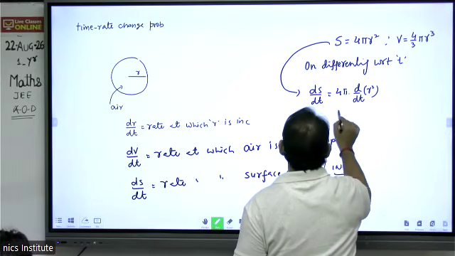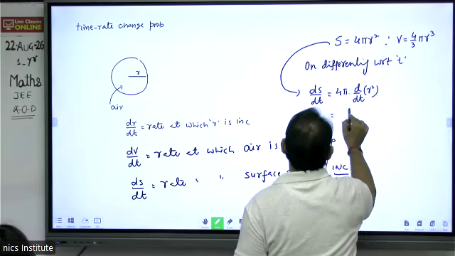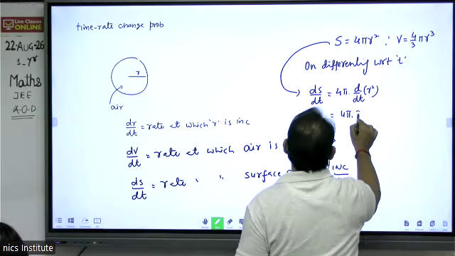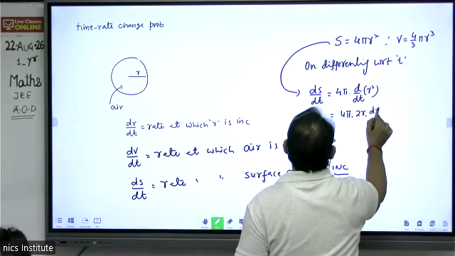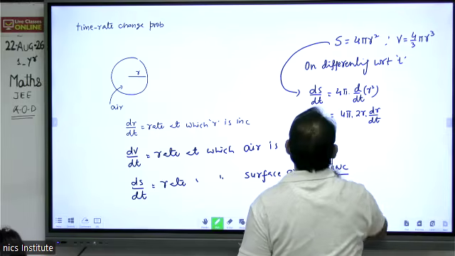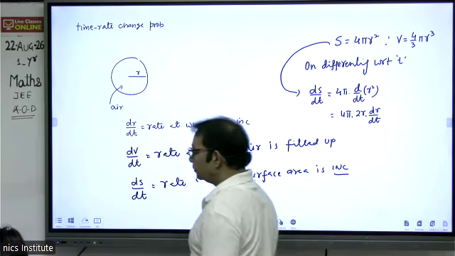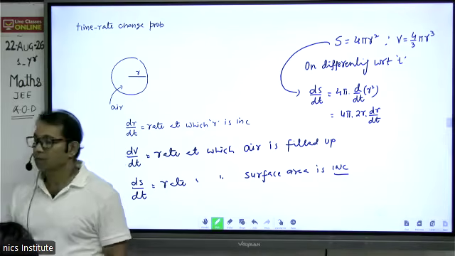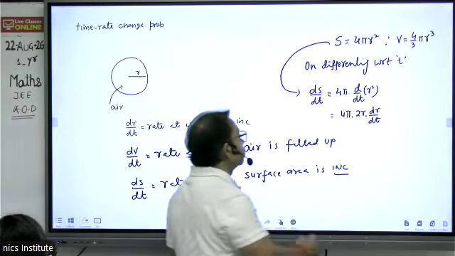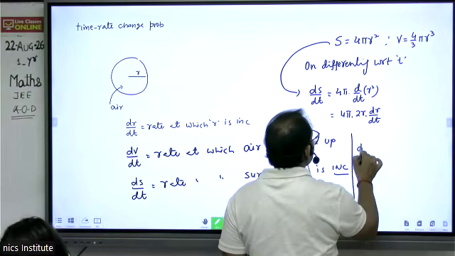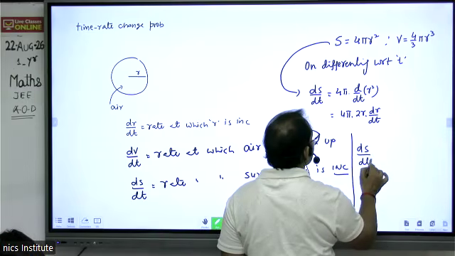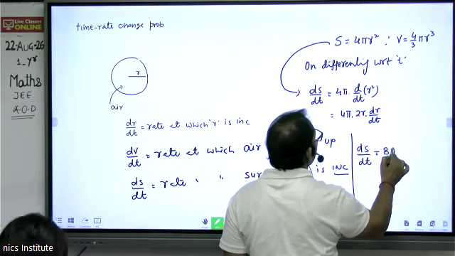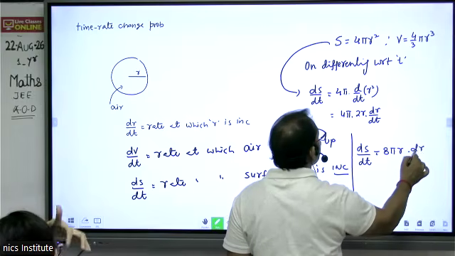Had you differentiated with respect to r, the answer would be 2r. But since you're differentiating with respect to time, it would be 2r into dr by dt. So ds by dt will be 8 pi r into dr by dt.